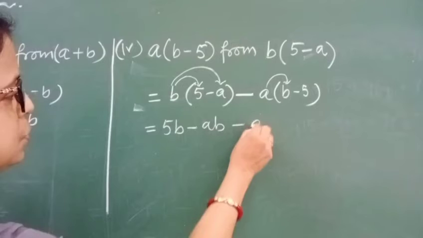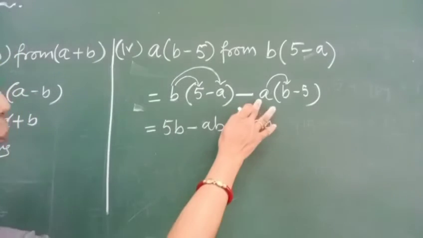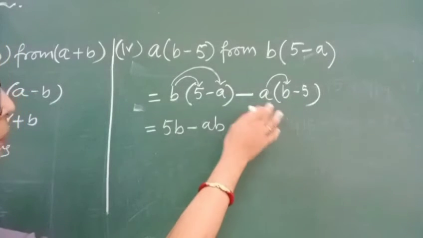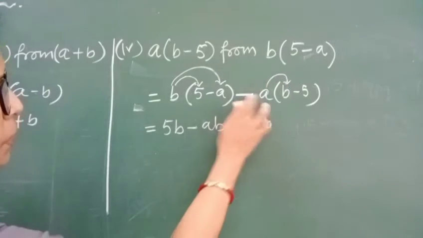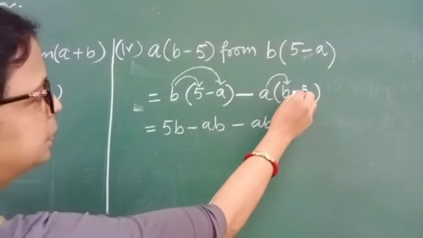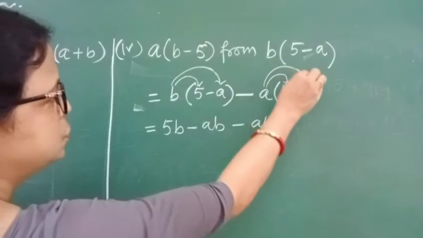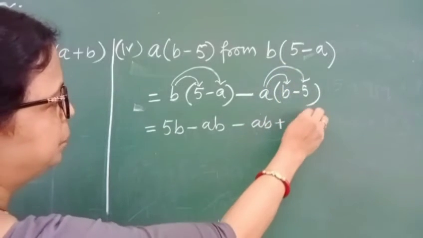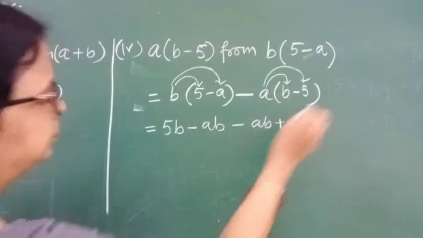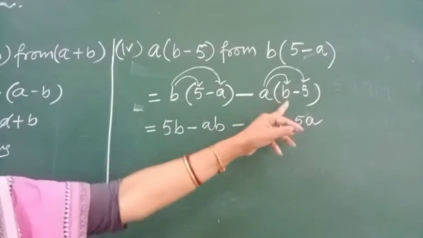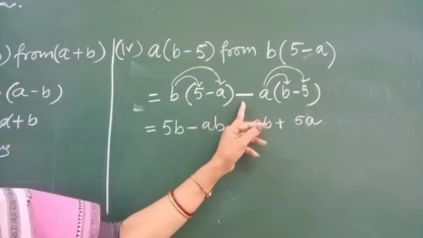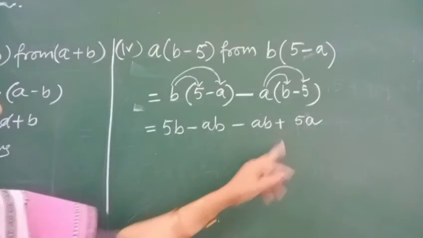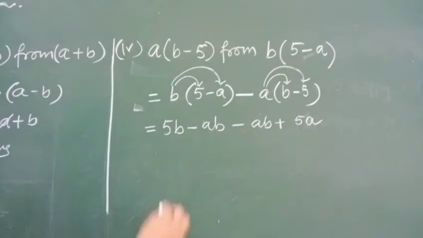Monomial with binomial, we are multiplying a to b, so ab, minus into minus plus, again a into 5, so 5a. Minus ab plus 5a. From where did this plus come? Minus into minus is plus.